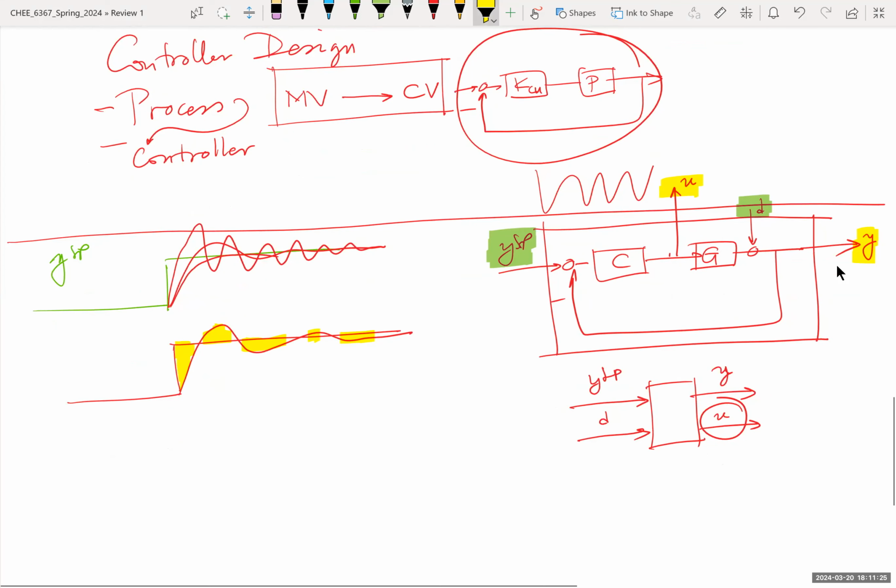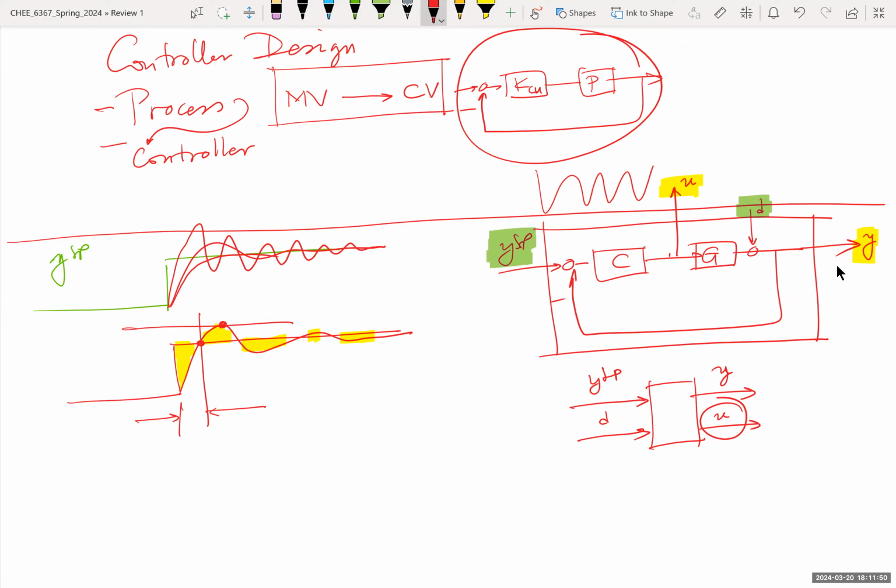Sometimes people say, I want to look at the rise time, so I want to make when this is reached the smallest possible. Sometimes people say, I want this to be the least possible. There are many criteria. Controller design is a business where setting the criteria is not immediately obvious and trivial.